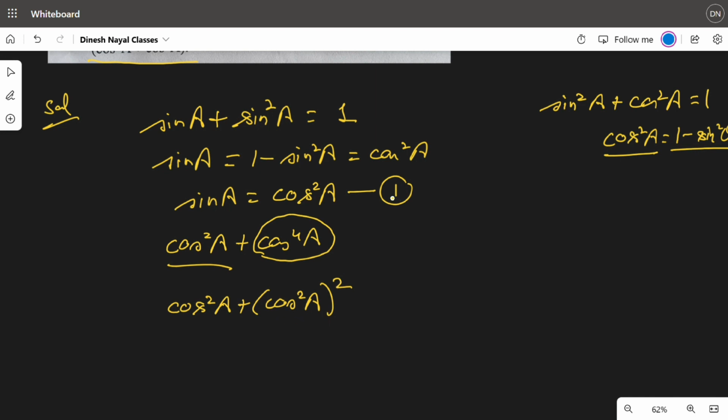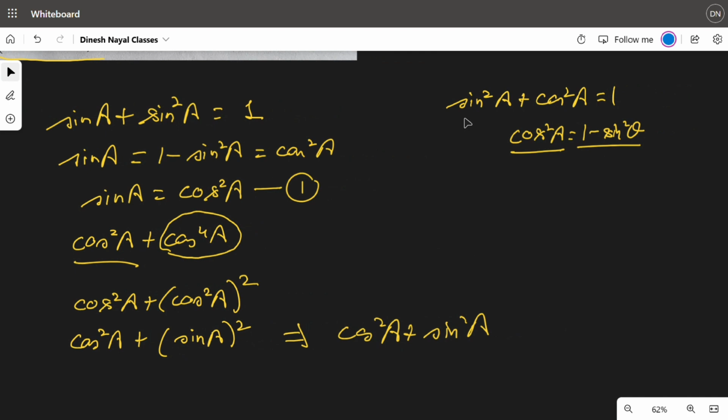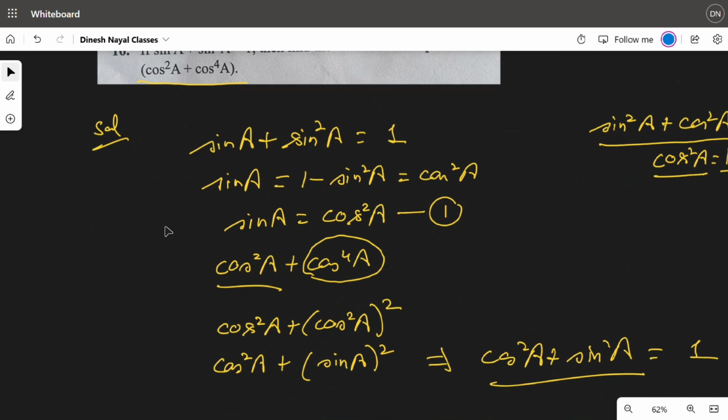From equation 1, cos square A we can write as sine A. So this is cos square A plus sine A, and then whole square. So this will become cos square A plus sine square A, and again using this trigonometric identity, cos square A plus sine square A is 1. So hence the answer for this is 1.